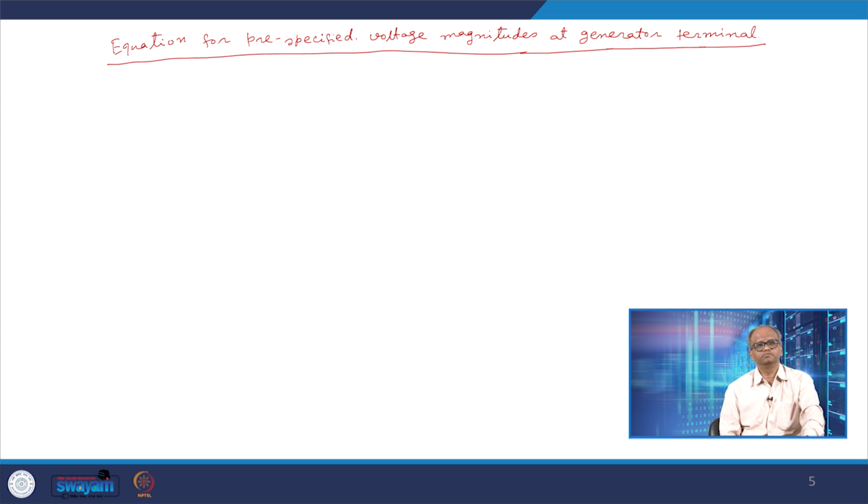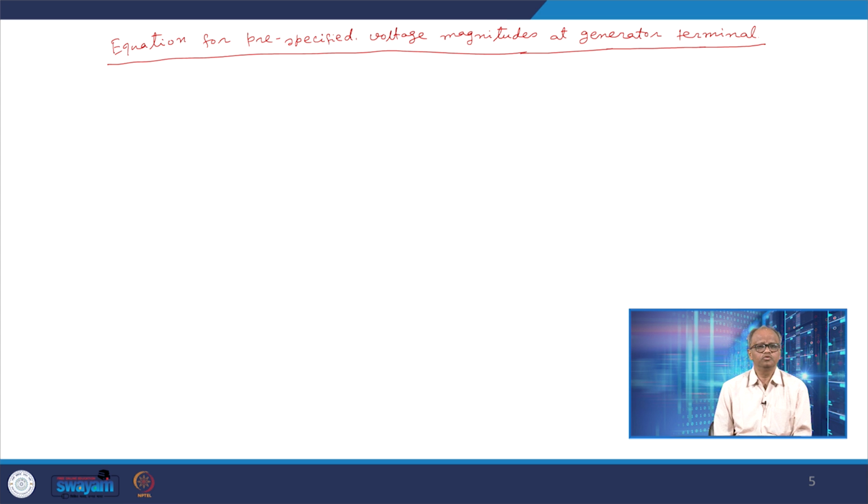Now, we need to understand something. In the case of balanced load flow, we take only one single value, let's say 1.01 per unit. We do not at all talk about whether it is phase A or phase B or phase C, because it is a balanced operation, so all the voltage magnitudes are the same.